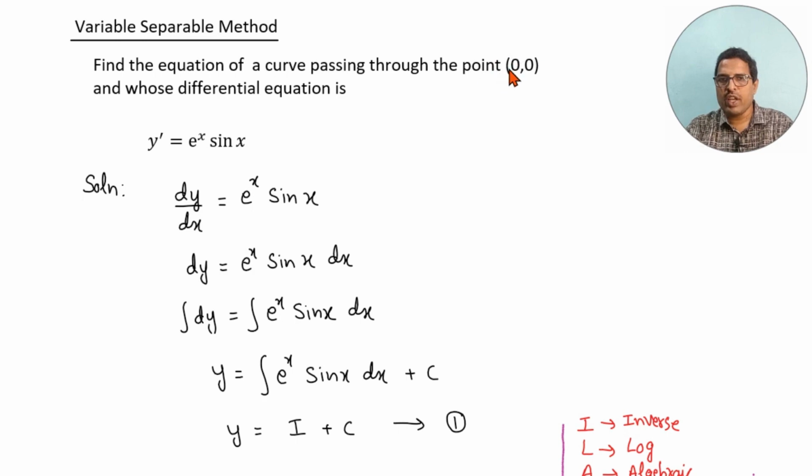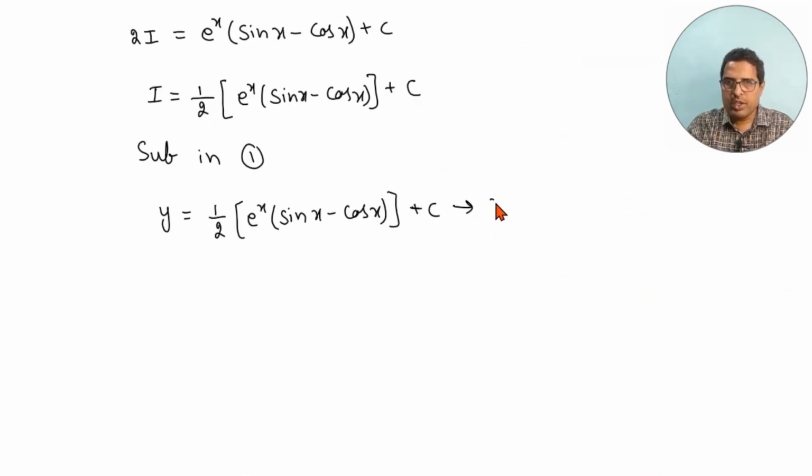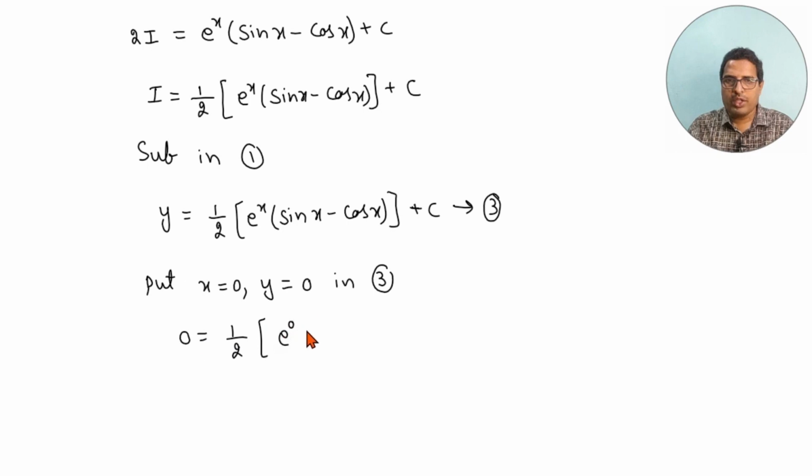So let us take the value of x as 0 and y as 0. Let me take this as equation number 3. So put the value of x equal to 0 and the value of y equal to 0 in equation number 3. So we have 0 is equal to half times e to the power 0 into sin 0 minus cos 0 plus c.